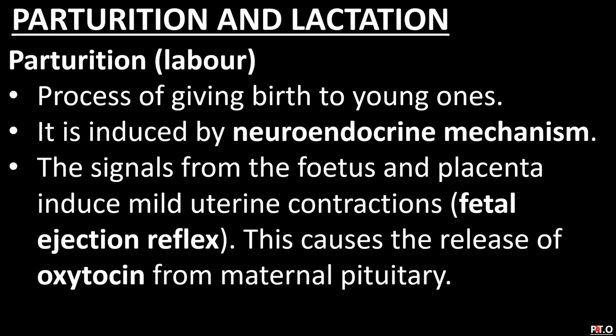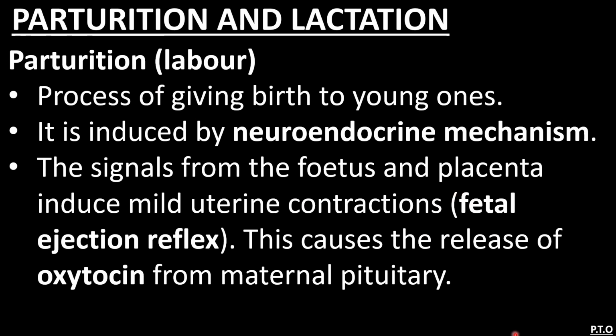Parturition is started by signals from the developed fetus and placenta, which produce the fetal ejection reflex. This causes release of oxytocin from the pituitary, which causes stronger uterine contractions, and this leads to the expulsion of the baby along with the placenta. So that is the process of parturition.